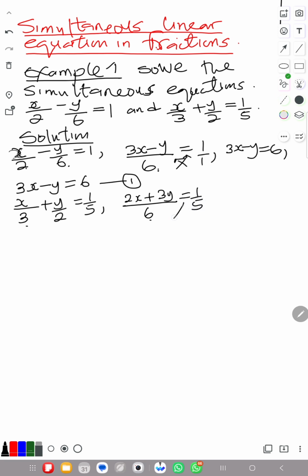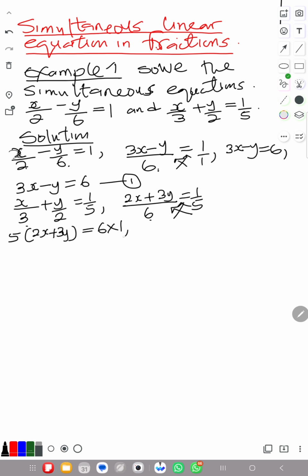So we also cross multiply here. When you cross multiply, we have 5 into 2x plus 3y, which is equal to 6 multiplied by 1.